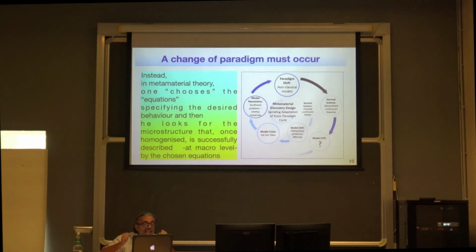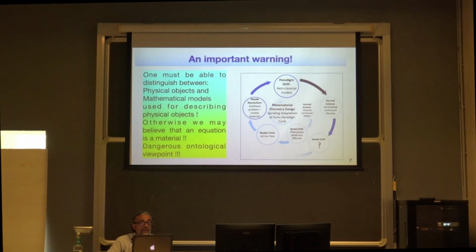We choose the equations. And these equations specify the desired behavior, and then we look for the microstructure that, once homogenized, is successfully described at the macro level by the chosen equations. We need this change of viewpoint.